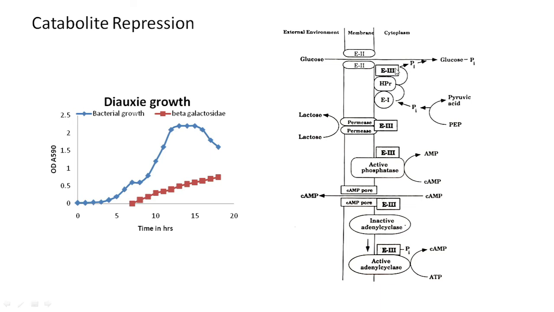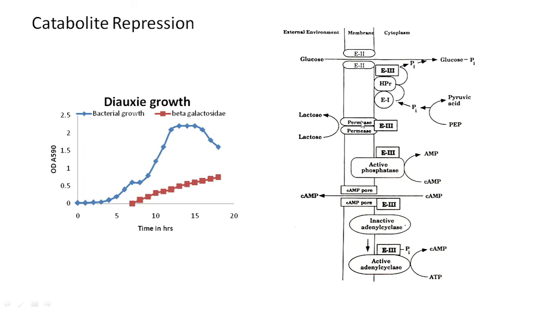The concept is this: when E3 is phosphorylated, it has the capacity to transfer the phosphate to glucose, and it does so, and it immediately becomes dephosphorylated. A dephosphorylated E3 does the following things, which are related with the Lac operon.